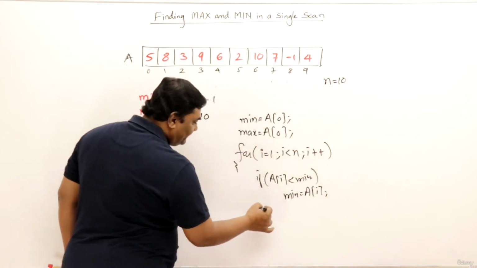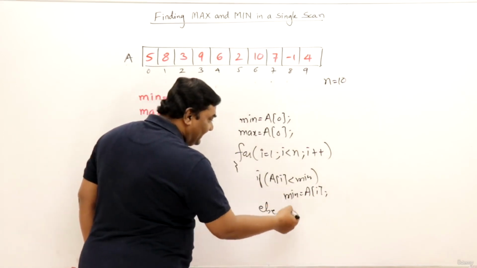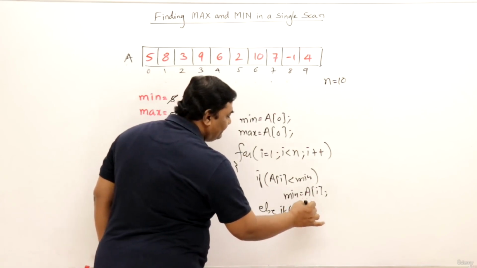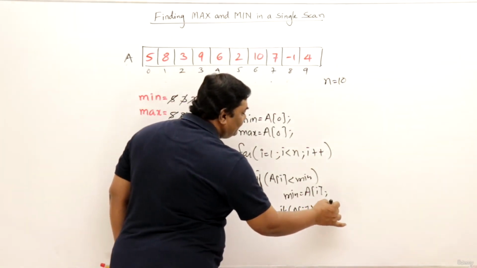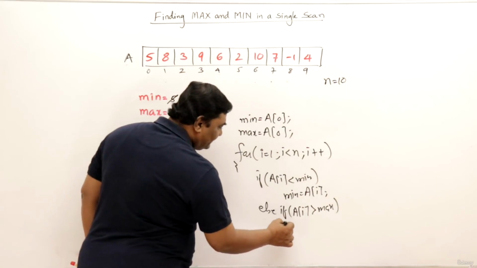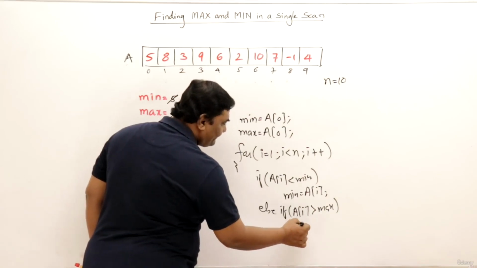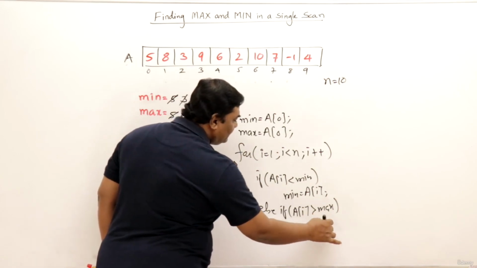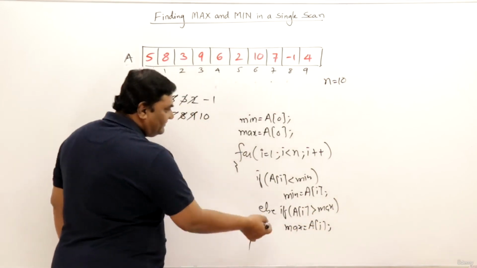Else, check if the element is greater than max, if it is greater than max, then change max to a of i. That's all. This is the procedure.